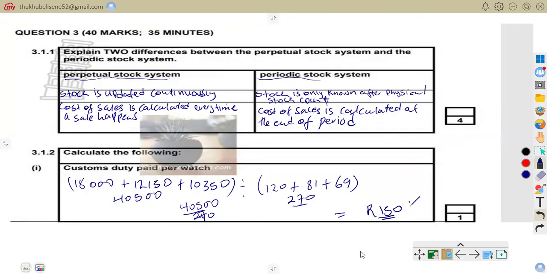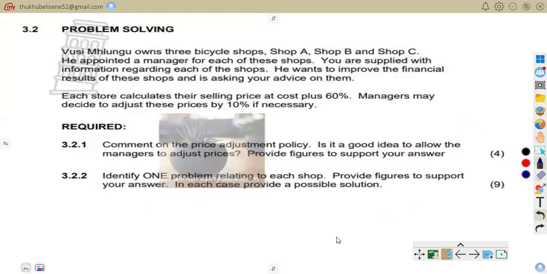So now let us move on to, let me write it clearly. What is happening now? We are saying it's 150 per watch. So now let us move on to another question.